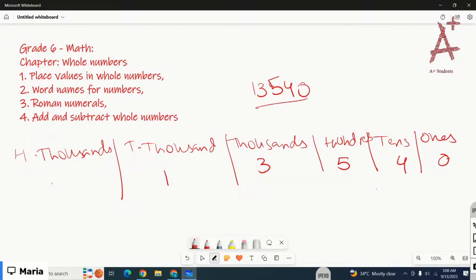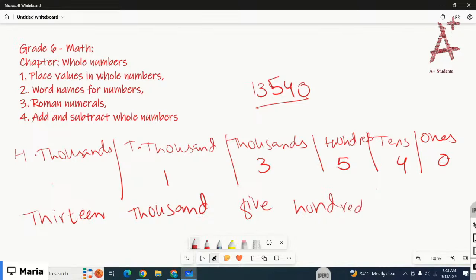So you read this number as 13,540. When we're working in mathematics, we can write the number like this, but we read it as 13,540, right?